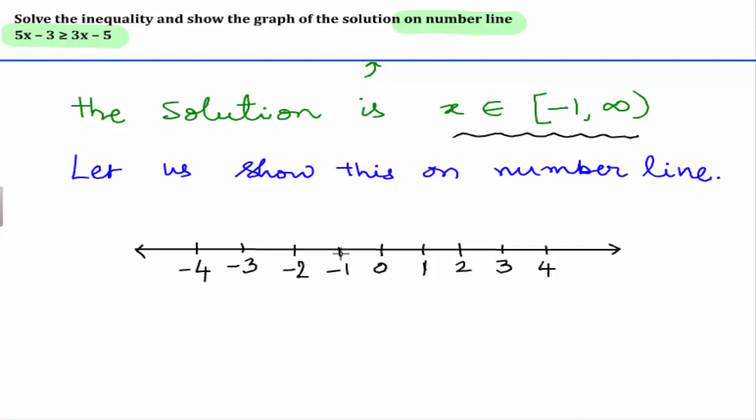And now let us observe this. This minus 1 is closed on the left side here. So here we have to draw a circle which should be thick. This thick circle shows that this minus 1 is also part of the solution.